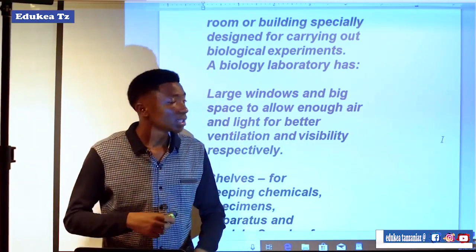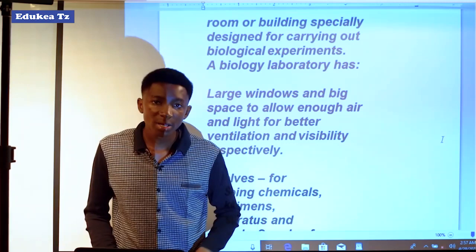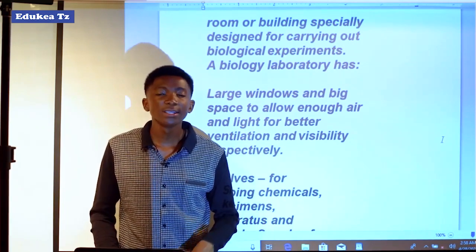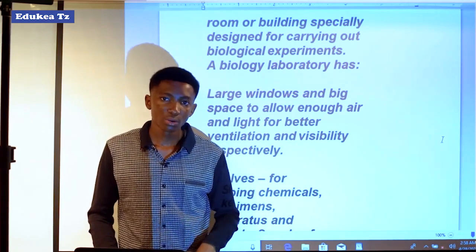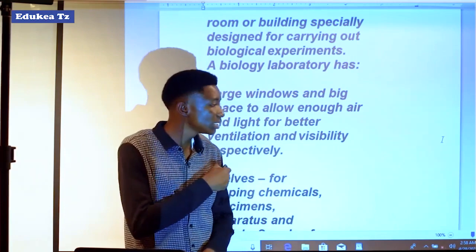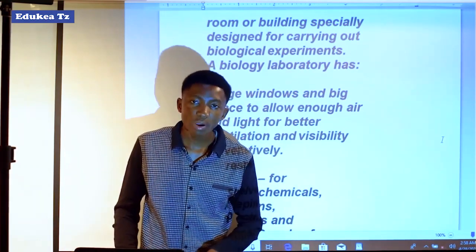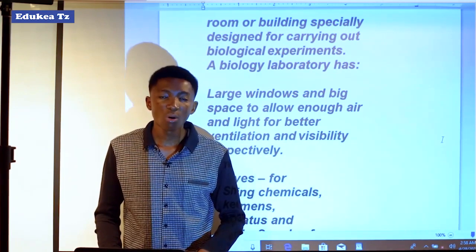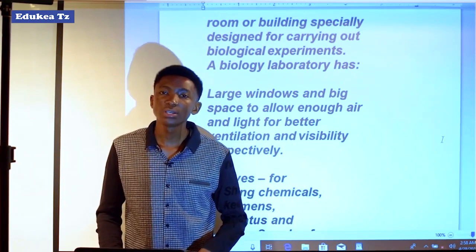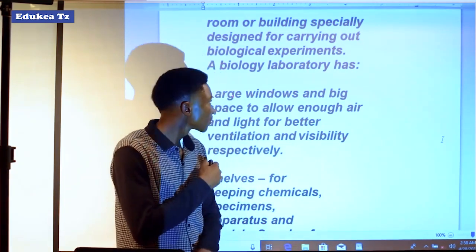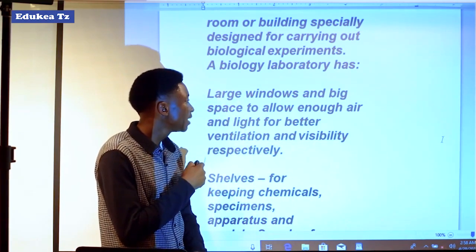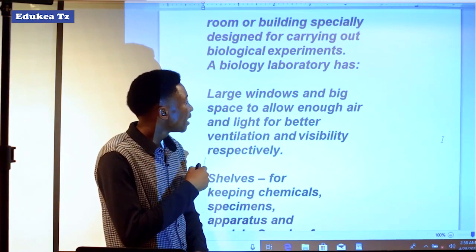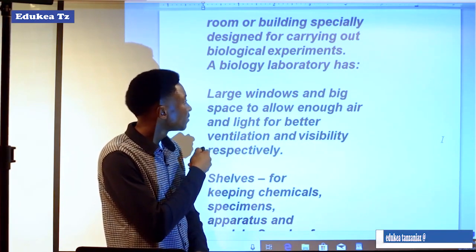After knowing the definition of the biology laboratory, a room or building designed for carrying out biological experiments, we come to see the characteristics of a biology laboratory, or how a biology laboratory needs to look. First, it must have large windows and big space to allow enough air. This is first: it must have large windows.